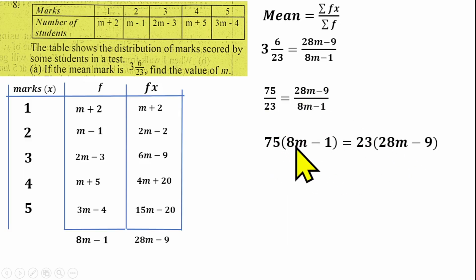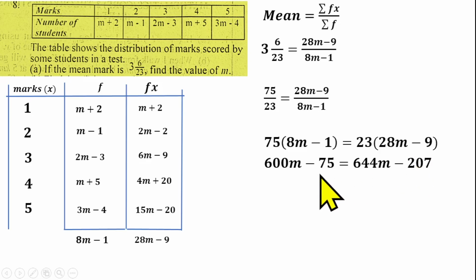Then from there you can expand the bracket. 75 multiplied by 8m minus 1 gives us 600m minus 75. 23 multiplied by 28m minus 9 gives us this. Then you can take the like terms, so I'll have 644m minus 600m equals minus 75 plus 207.